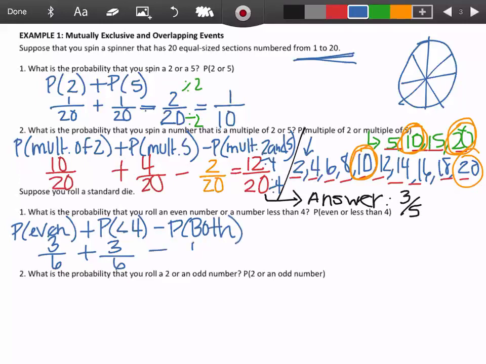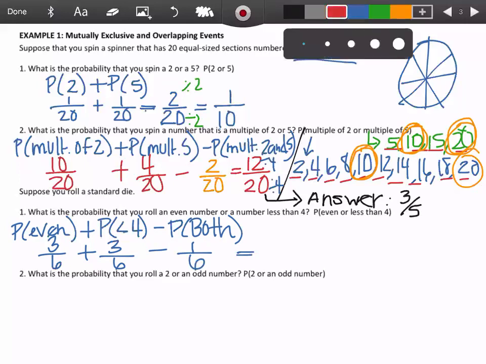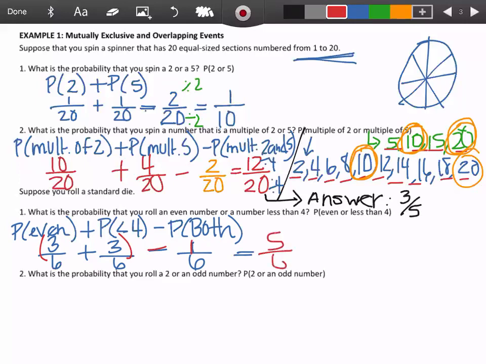And we knew that that was 2. So 2 occurred once on a die, so that's minus 1/6. So now add 3 plus 3, that's 6, minus 1, that's 5. And then denominators do not change when you're adding fractions. So there's a 5/6 probability that you could get an even number or a number less than 4.